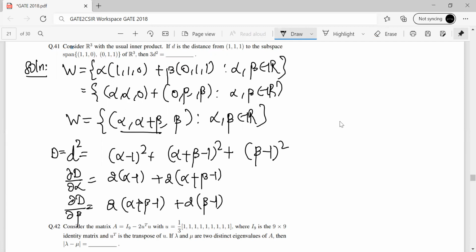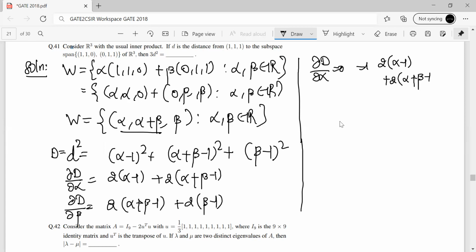Now for the extremes, we have to equate them with 0. So del D over del alpha should be 0. This implies 2 times alpha minus 1 plus 2 times alpha plus beta minus 1 equal to 0. If I solve, I get alpha minus 1 plus alpha plus beta minus 1 equal to 0.